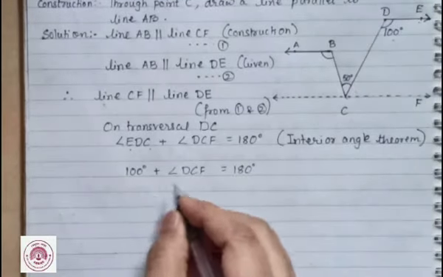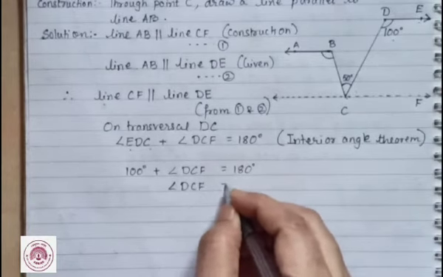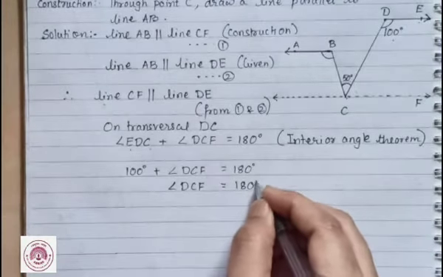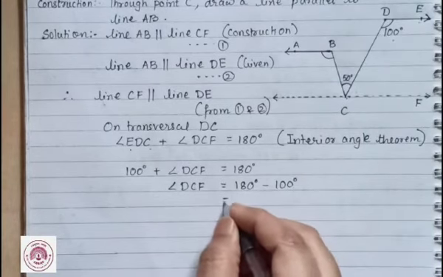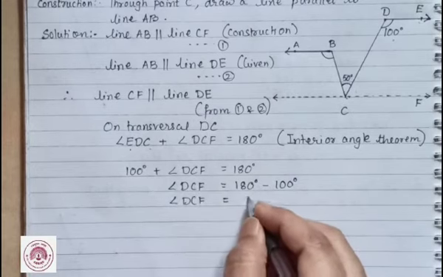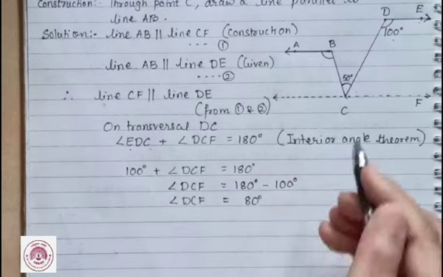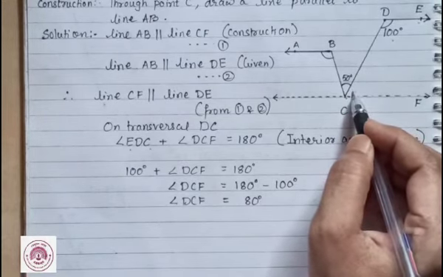So therefore angle DCF equals 180 degrees minus 100 degrees, which is equal to 80 degrees. So we have got the value of angle DCF, this angle, as 80 degrees.